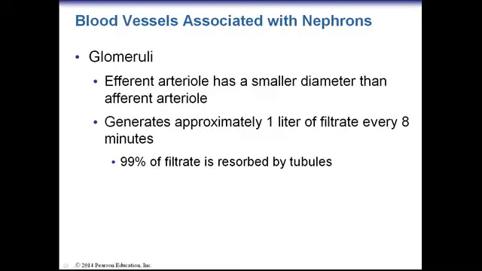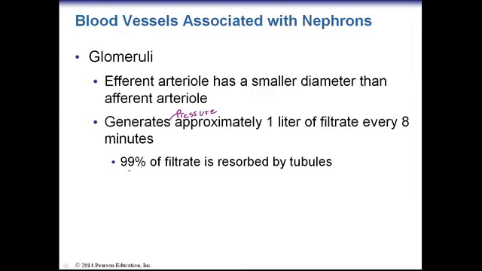The efferent arteriole has a smaller diameter than the afferent, and this generates a pressure inside the glomerulus, or actually inside the capillaries, which pushes this filtrate or plasma out of the capillaries and into the pericapillary space.